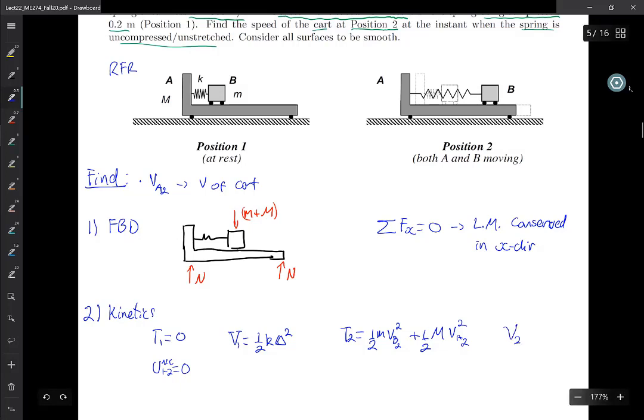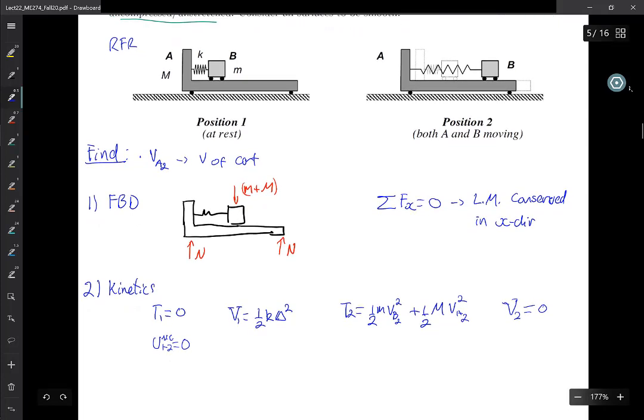Is there any potential energy stored in the system in state 2? No, because that's the point where we have the unstretched spring. So the work energy equation gives us one half k delta squared equals one half m vB2 squared plus one half capital M vA2 squared. This is our equation number 1.